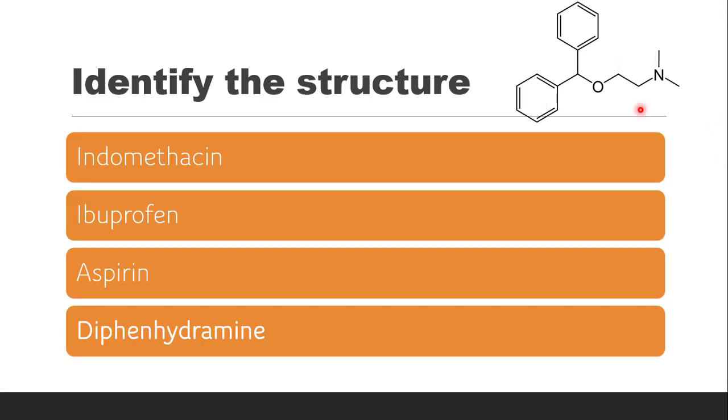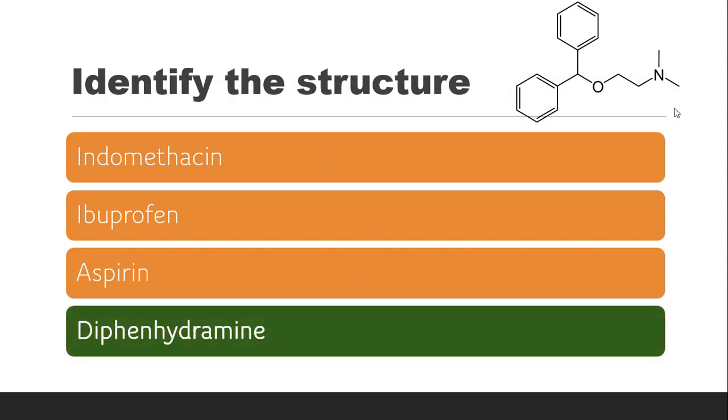Now this is amine and this is diphen. So indomethacin is not there, ibuprofen is also not there, aspirin is also not there. The correct answer is diphenhydramine. This structure is diphenhydramine which belongs to the class ethanolamines or amino alkyl ethers. Amino, this is alkyl and this is ether.